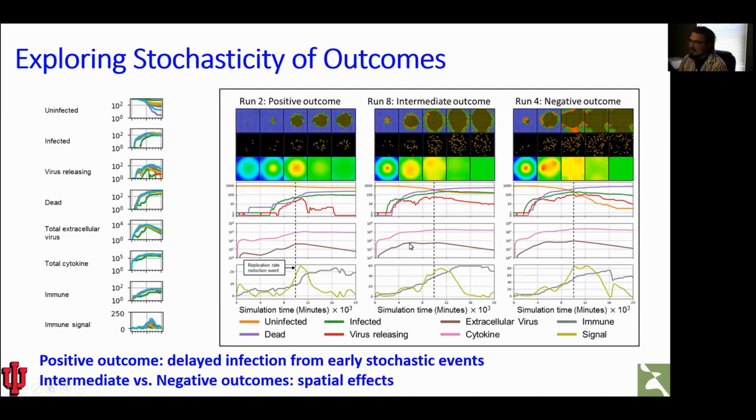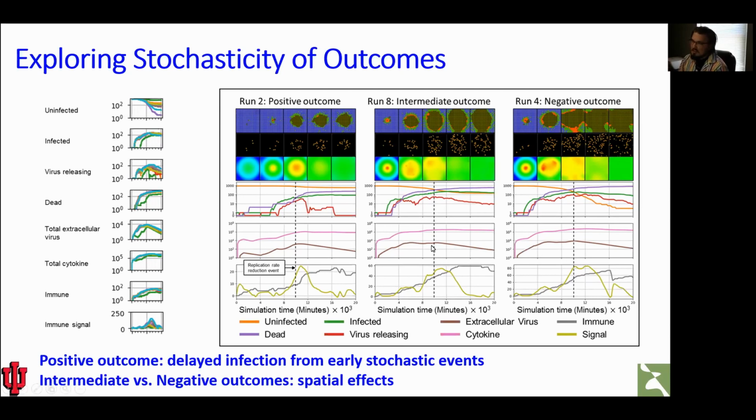And the only explanation, at least that we can imagine, is the differences in spatial effects, where the cells were infected and the nature of diffusion. Even for the same number of infected cells, those infected cells may be in different stages of viral infection, which means that they would then be releasing more or less amounts of virus.